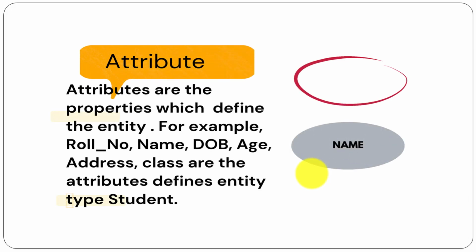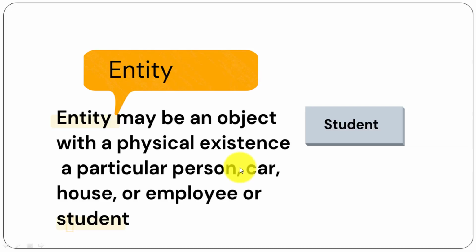Now what is an attribute? Attributes are properties which define the entity. Here we describe the student as an entity.